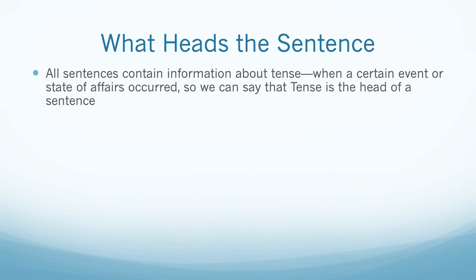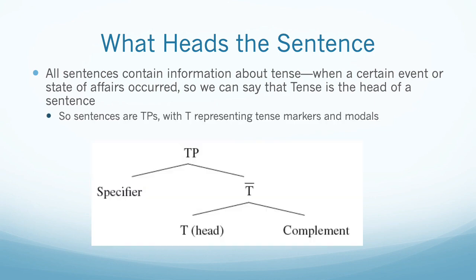And this is because all sentences have information about tense. This is true regardless of the language, regardless of the type of sentence. As long as it is a fully grammatical sentence, there is information somewhere about tense.